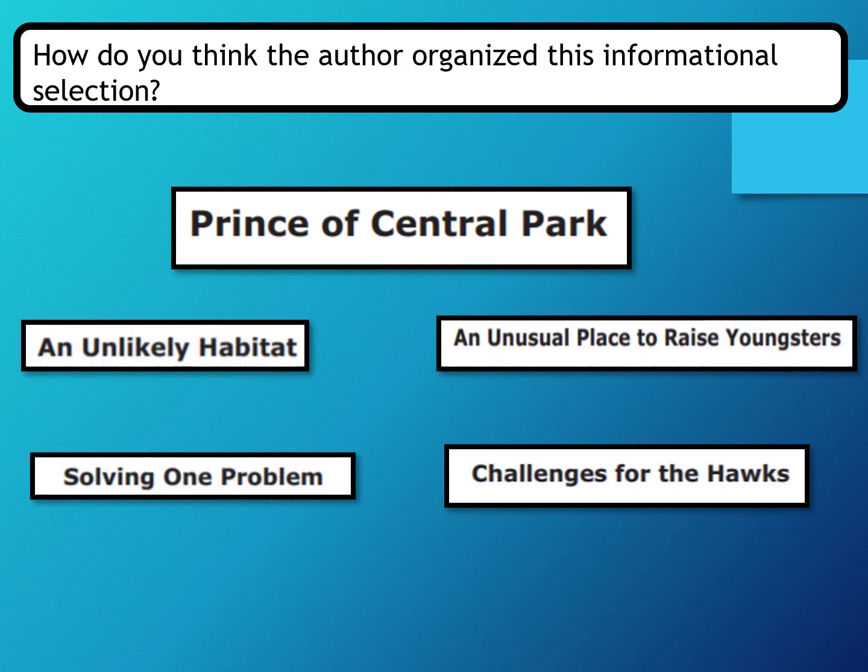Now here are the subtitles. You may remember those from earlier. Now your job is to place them in the order that you think the author placed them in. Write down your answers on your note taker, pause the webinar, and continue when you are ready. Once again, place these in the order that you think the author placed them in, and continue when you are ready.